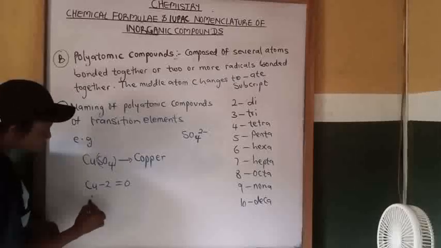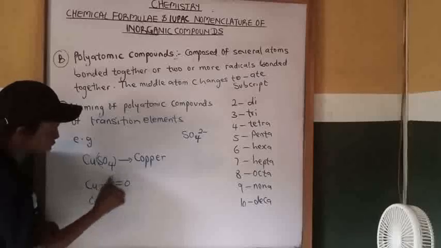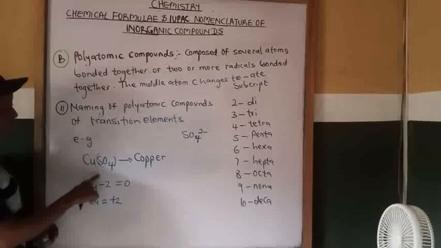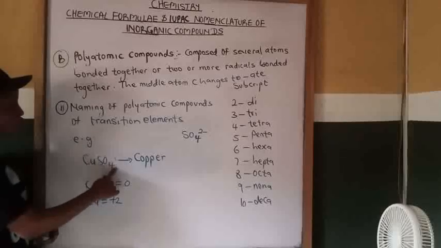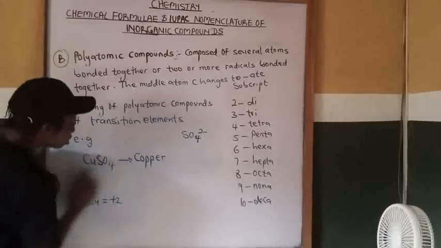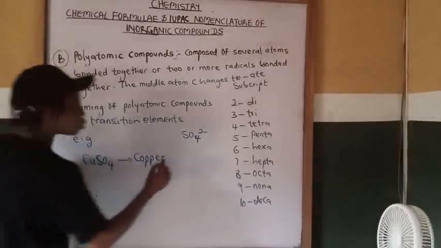So therefore, Cu will be equal to +2. So the oxidation number of copper from this compound is +2. So you call it copper 2.